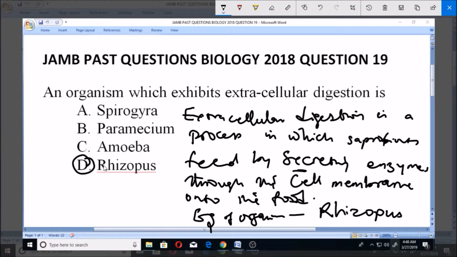So when you secrete these enzymes onto the food through the cell membrane, what does the enzyme do? It will catalyze the digestion. That's what it will do.